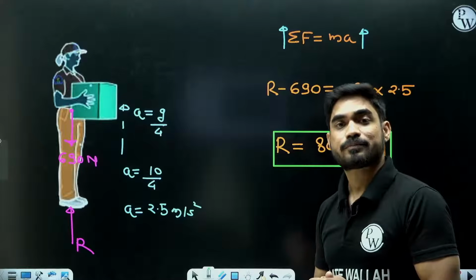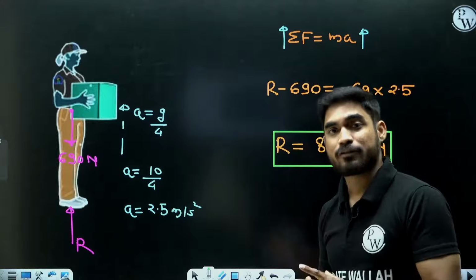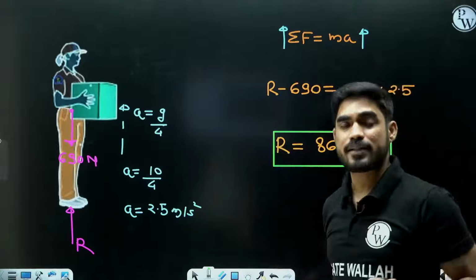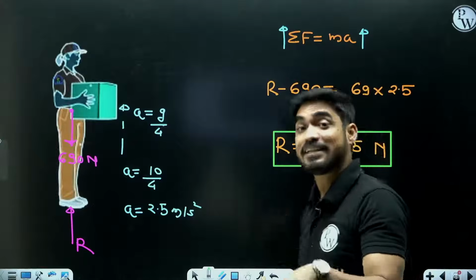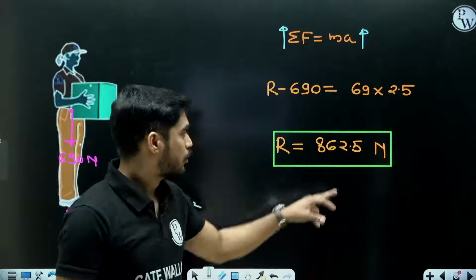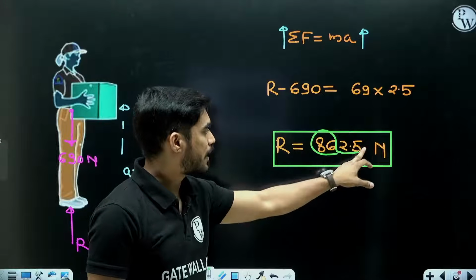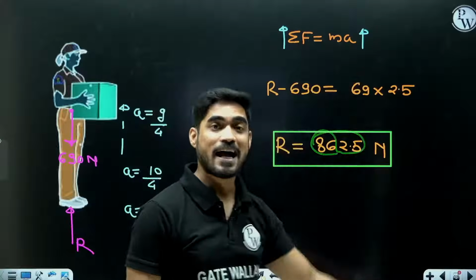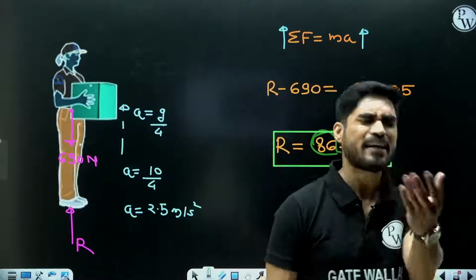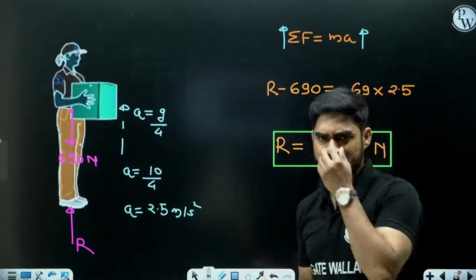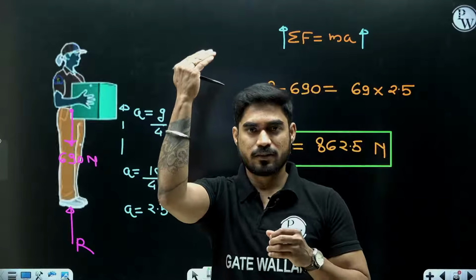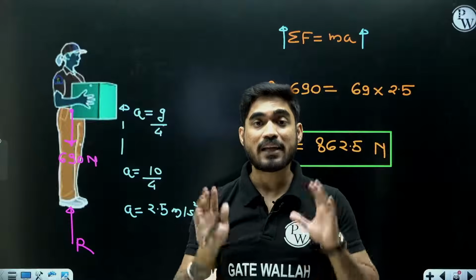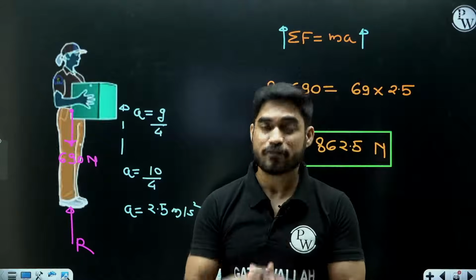But if the lift is accelerating upwards, the weight of the woman increases from 69 to 86.25. The weight is increased from 69 to 86. Okay, why? Because of this upward acceleration. You might have felt this when you are standing in a lift. If the lift moves upward, then you feel heavy, and if the lift is moving downward, then you feel lighter. It is because of this acceleration.